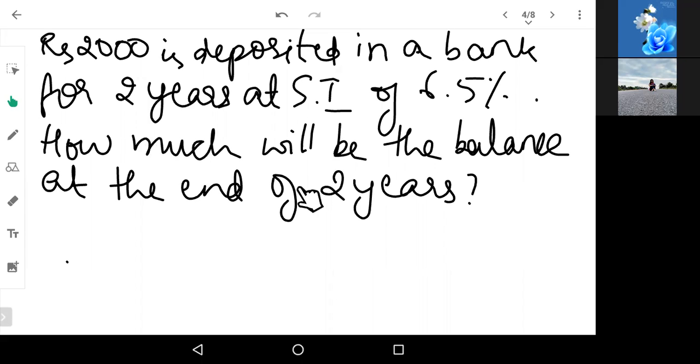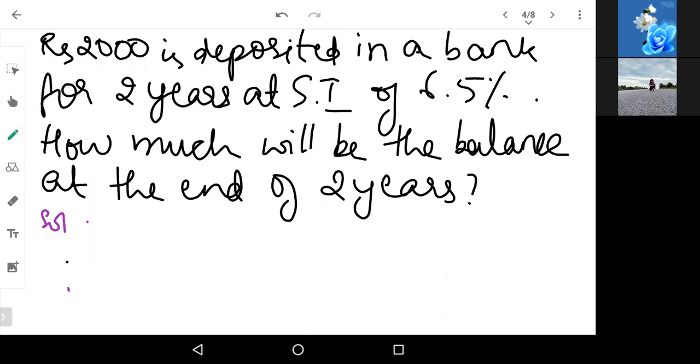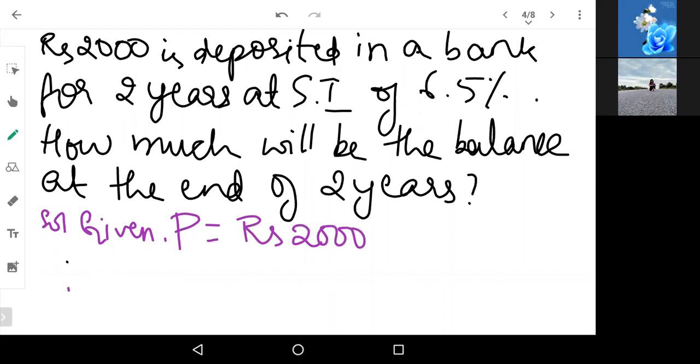Yeah, correct, the answer is right for the interest. Now let us start solving this. Now what is given to us? P, that is 2000 rupees. T, that is time, is 2 years. R, which is 6.5%. Okay.